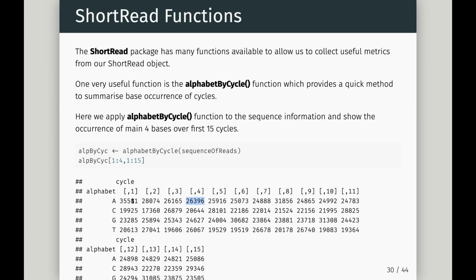It also tends to be that when you sequence, you just sequence more A's and T's at the beginning of your sequence. And overall, we might want to see if GC bias gets worse over time. G's and C's tend to get sequenced better. So capturing this information is really important, and it's super easy with ShortRead.